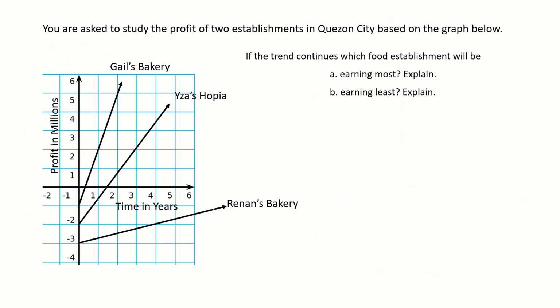Now, again, this is Micah's Chocolate Factory. If you will be asked again which establishment earned the most, take note, Gale's is 3, Isa's Hopia is 4/3, Micah's Chocolate Factory is 1/4.